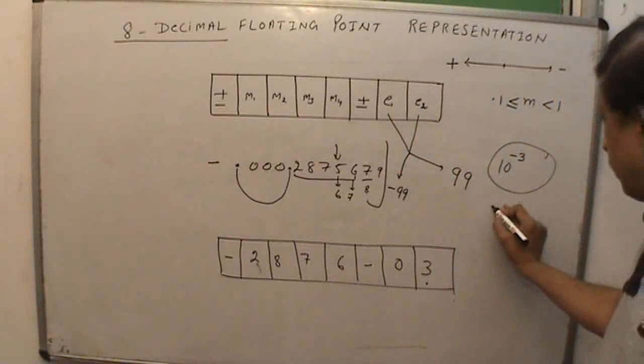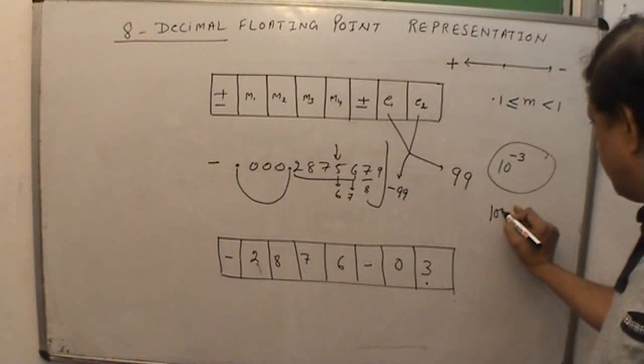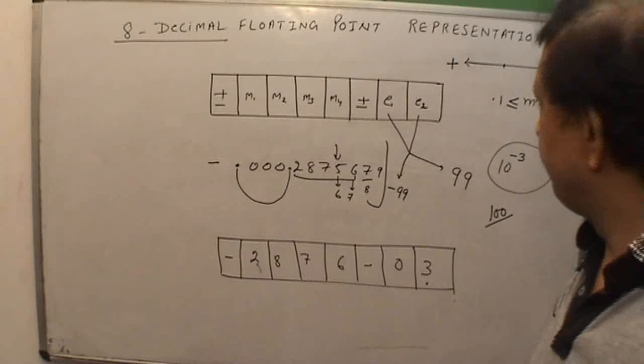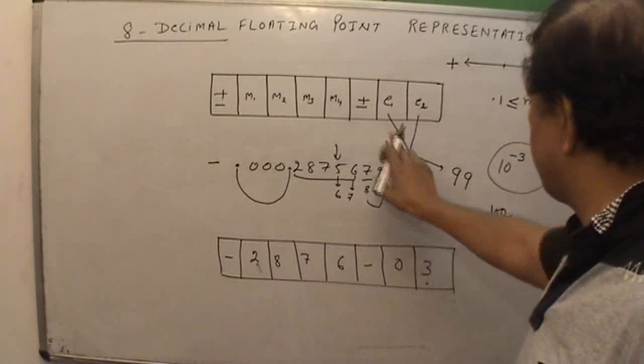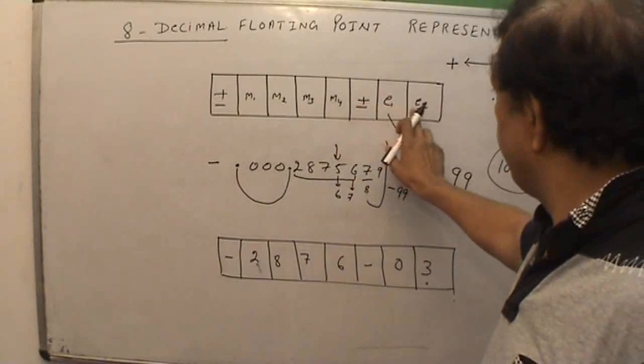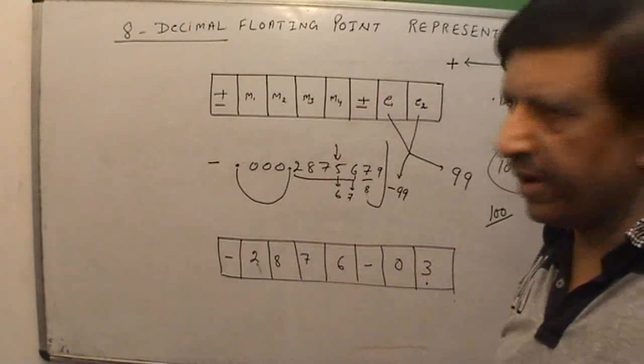If our calculation gives the exponent 100, that's the problem. We cannot represent 100 because we have provided only two places for exponents.